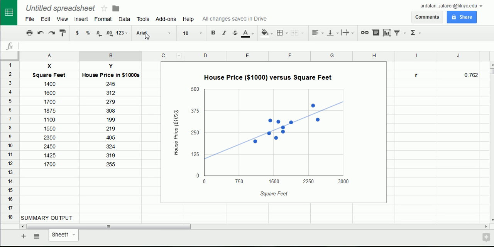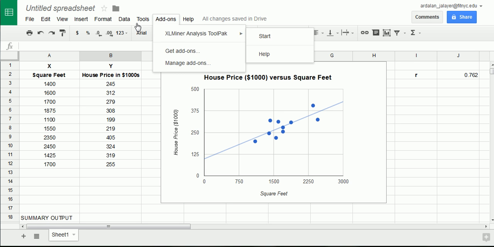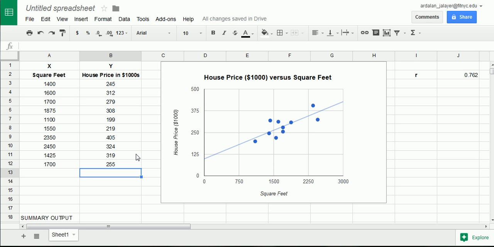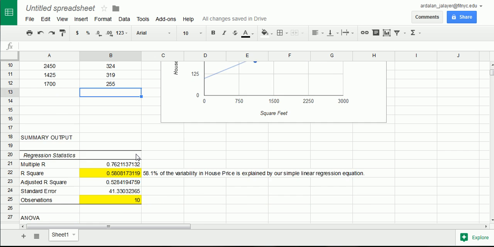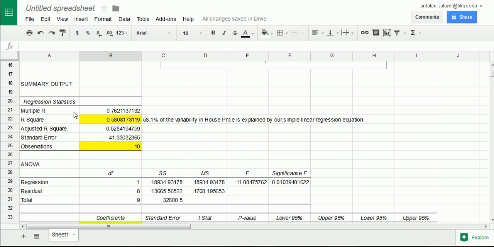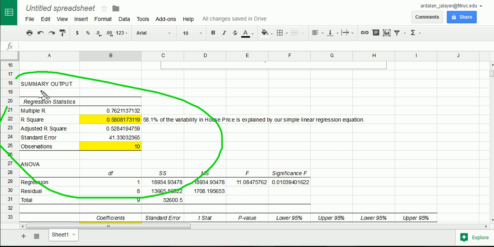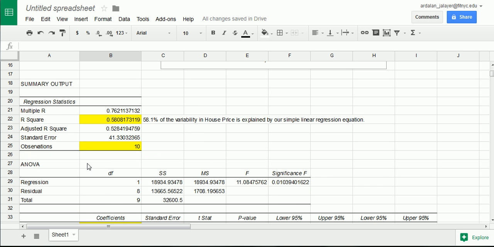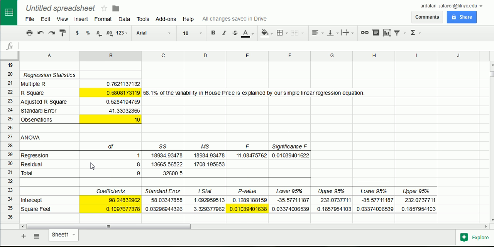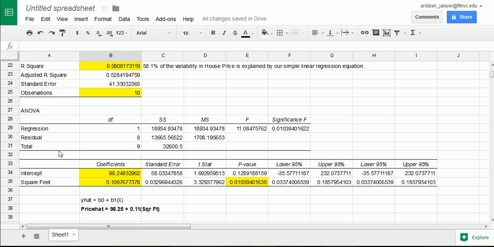So we used Excel Miner, right? And we let Google Sheets and Excel Miner do all the calculations for us, and we get the summary output and the ANOVA output. Okay. In the summary output, we'll come back to that. The first thing we looked at in the output was the coefficients. We pulled them out and we put them all together in the form of the equation.